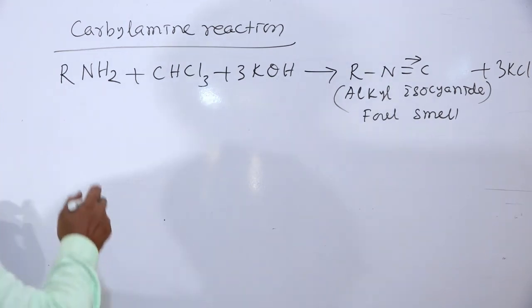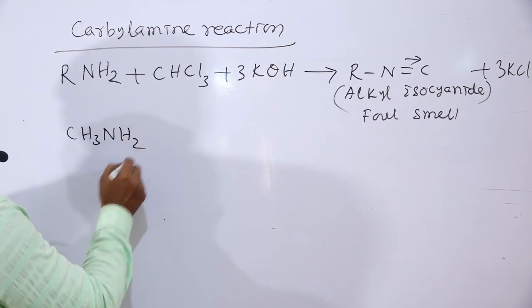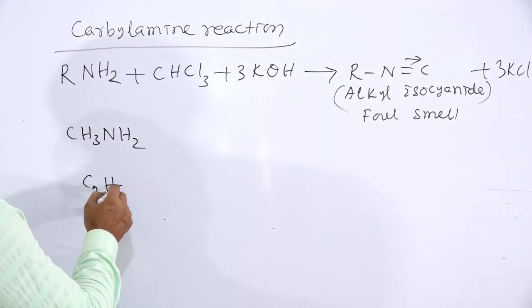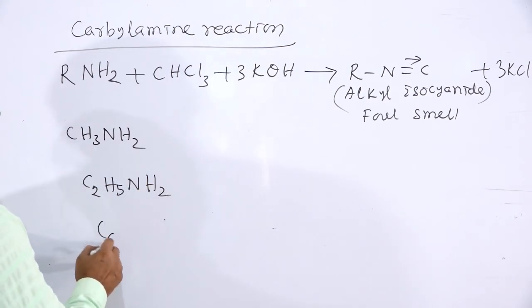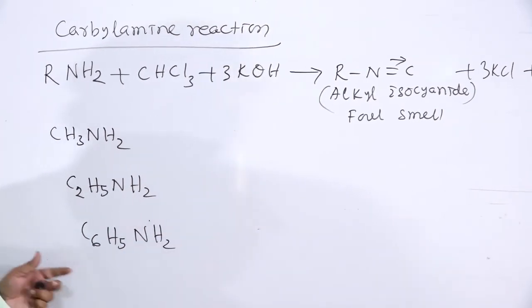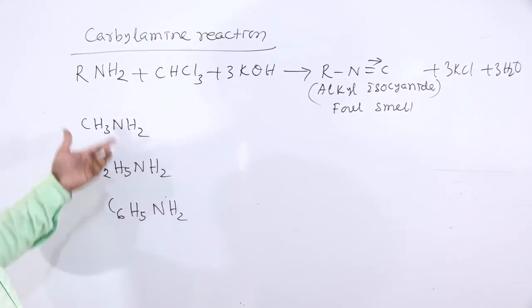For example, CH3NH2 is a primary amine, or we can take C2H5NH2, which is also primary, or C6H5NH2, that is aniline, also an aromatic primary amine. So these are all examples of primary amines.